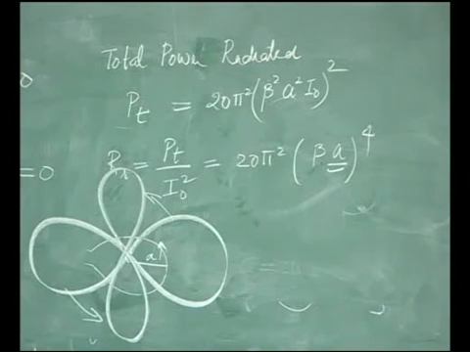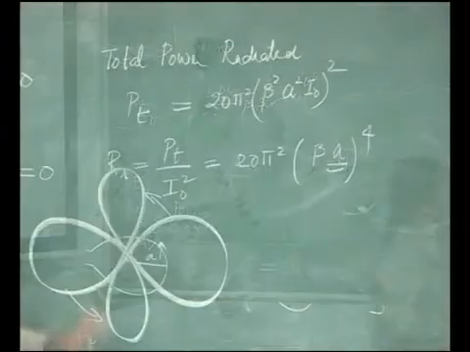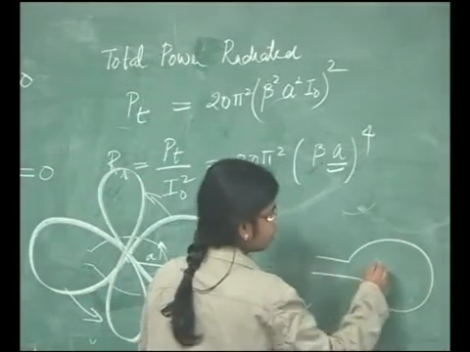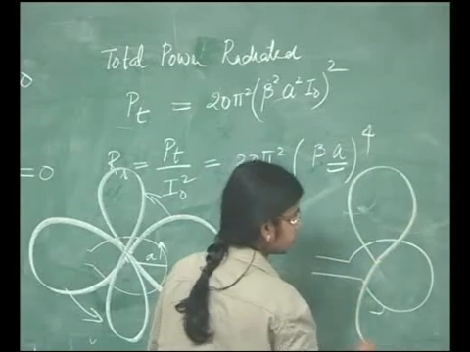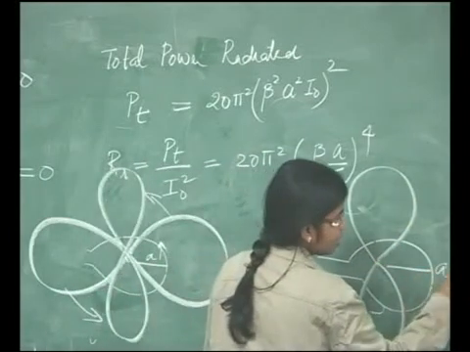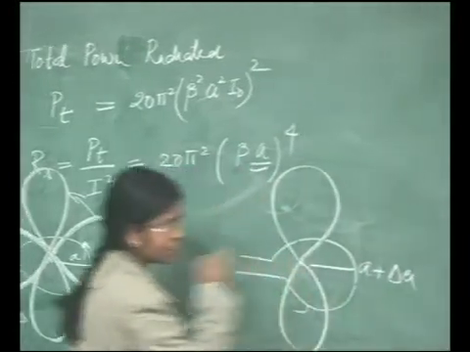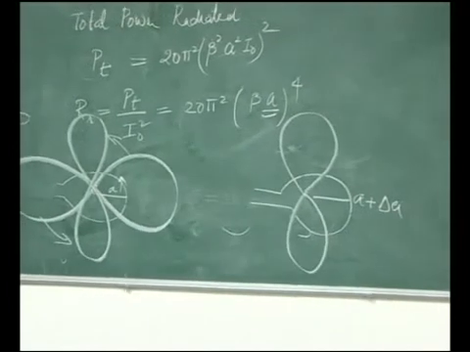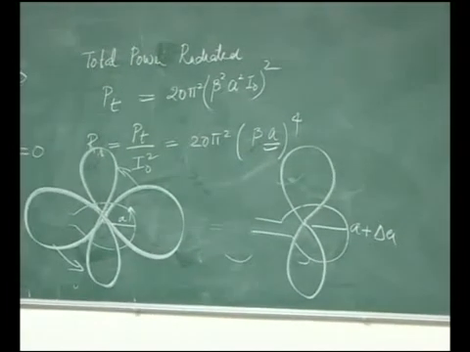If you increase this radius further, now what is happening? Now I have something which is radiating like this. For some A plus delta A, I have increased A by some amount. If I increase this length further, now it will start to radiate in all possible directions.